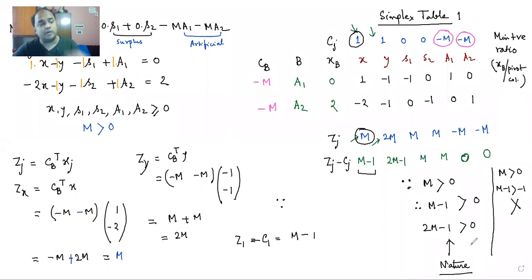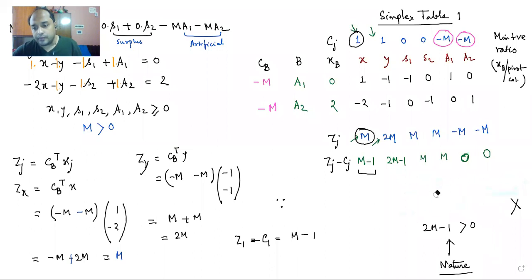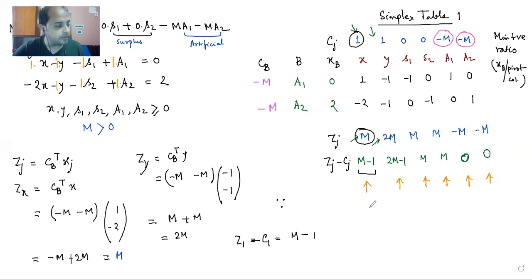Twice m minus 1 will also be a positive quantity. Okay, so you see that in the zj minus cj row, this is a positive quantity, this is a positive quantity, this is by nature a positive quantity, this is a positive quantity, this is 0, this is 0.